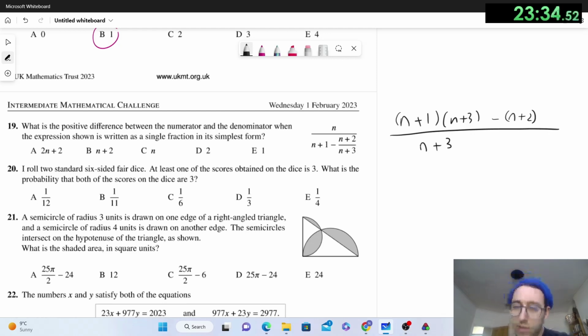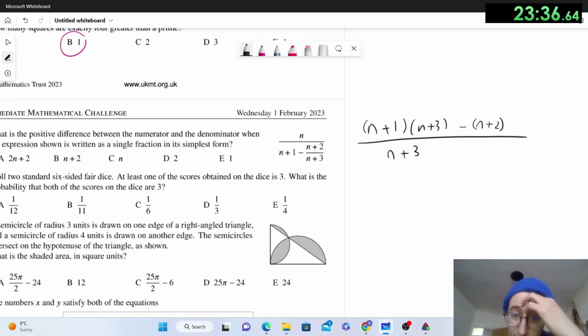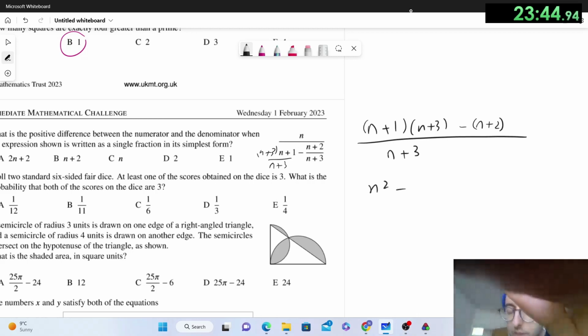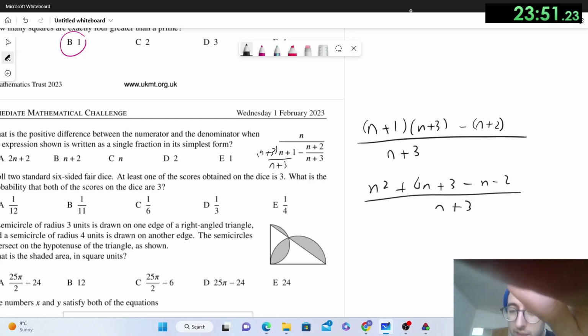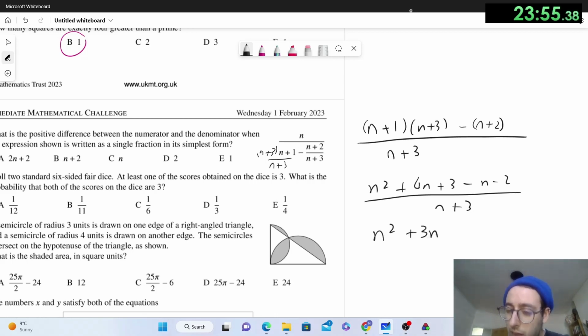Okay, that's the denominator. I've just common denominated it. I've times this by n plus 3, and divided it by n plus 3, and then subtracted them. So that's n squared plus 4n plus 3 minus n minus 2 over n plus 3. This is still the denominator. So that's n squared plus 3n plus 1 over n plus 3.